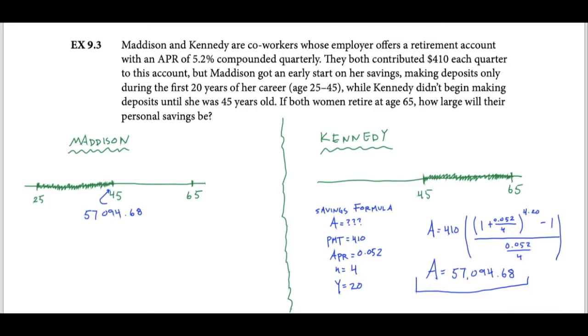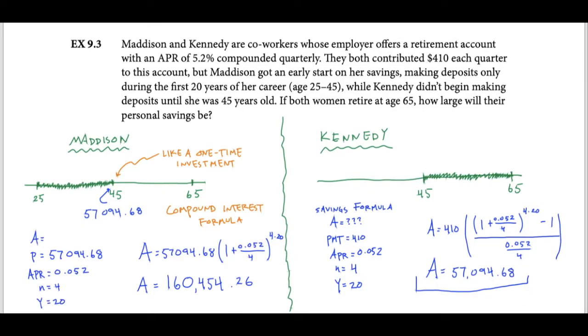Madison will have made the exact same investments from age 25 to age 45. So at age 45, she'll have the same amount that we just calculated that Kennedy will have at age 65. At age 45, Madison stops making investments into her retirement account, but the money continues to earn interest.